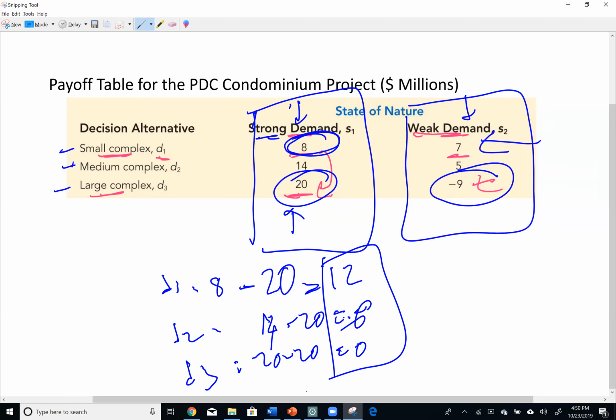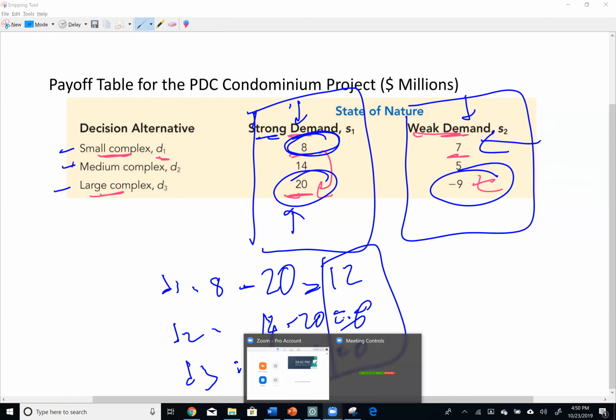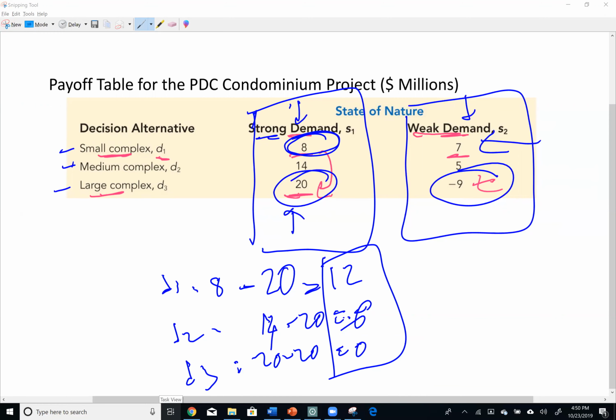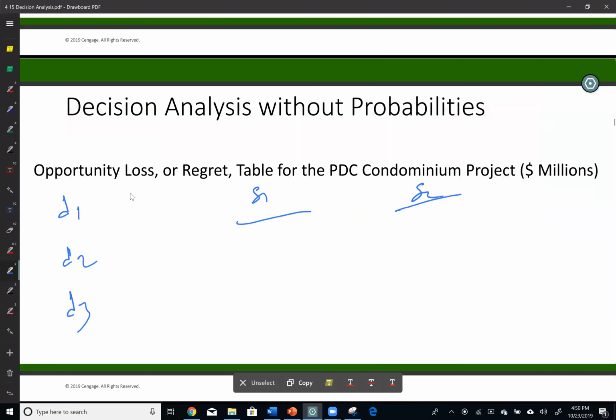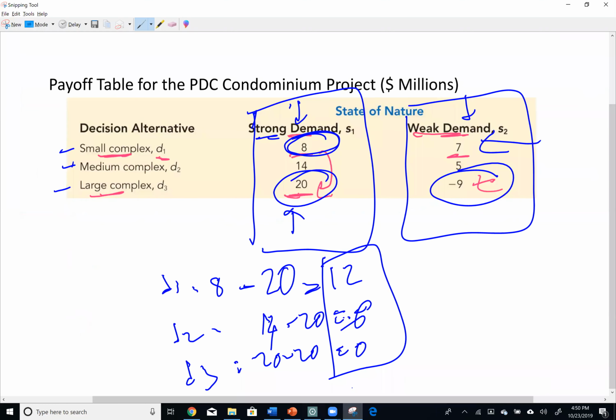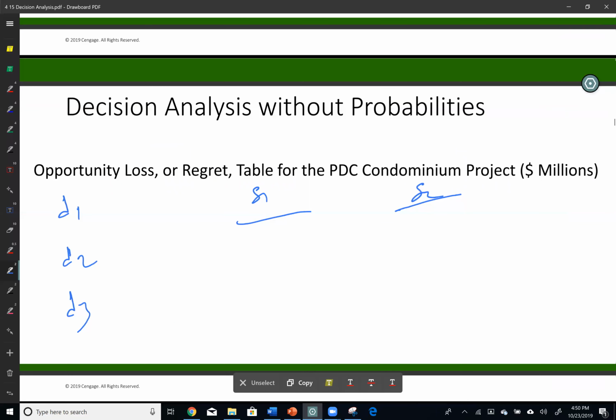All right. So let's put this information in our PowerPoint, which I'm having trouble with now. Let me just open it up. I guess I closed it accidentally. So for strong demand scenario, my regrets are 12, 6, and 0.